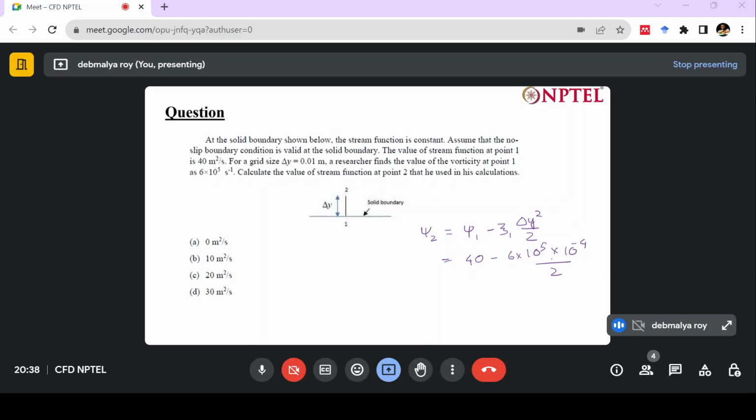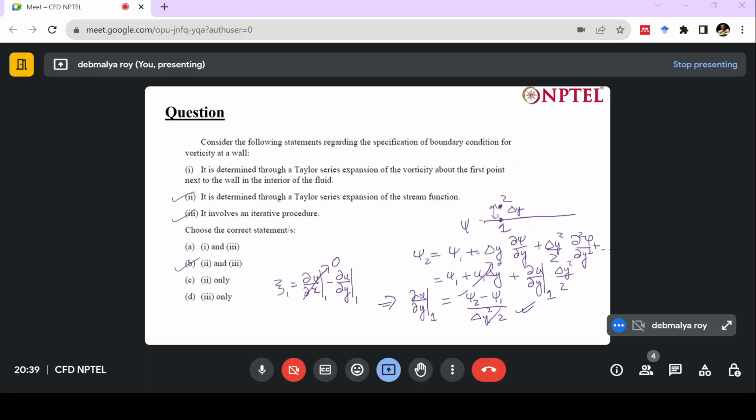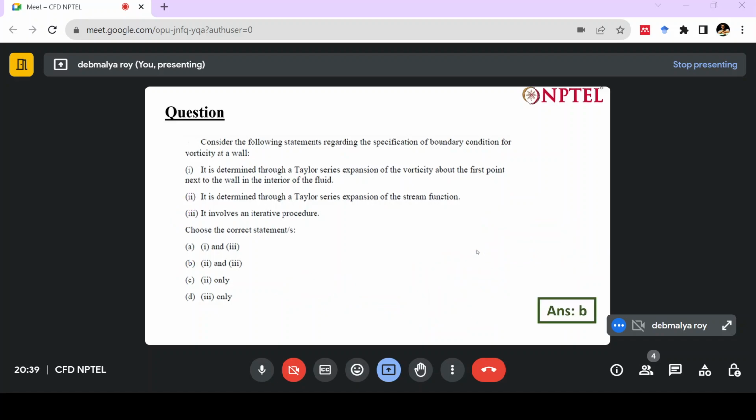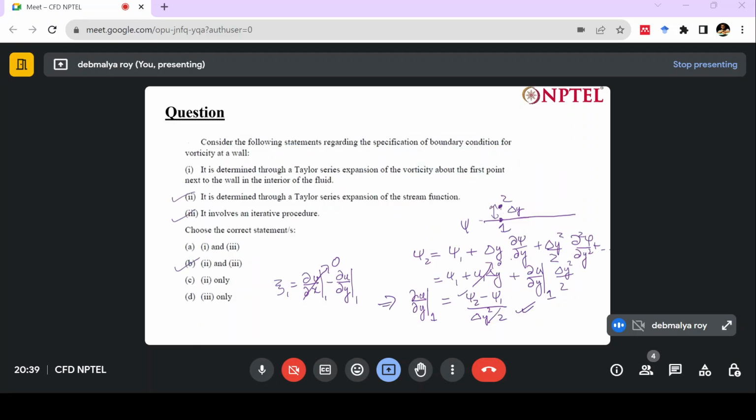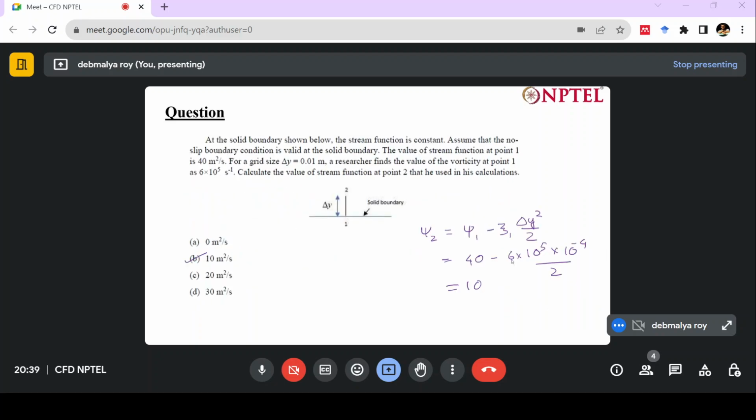So this is 60 by 2, which is 30. 40 minus 30 will be equal to 10. We have an option. If there is any doubt, you can ask. So we have simply used this, nothing else.